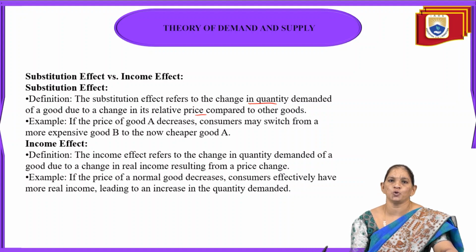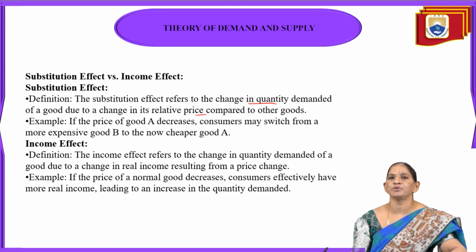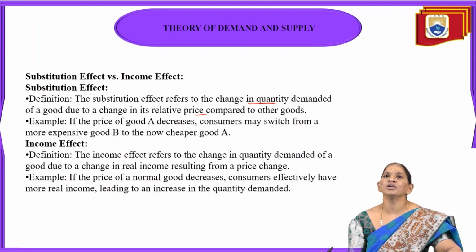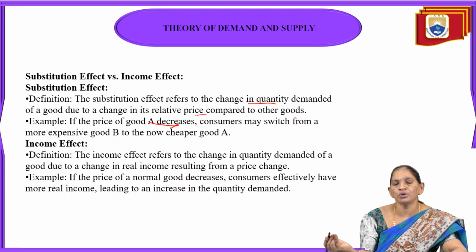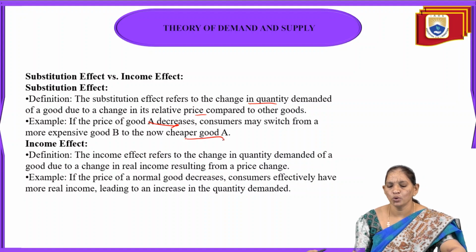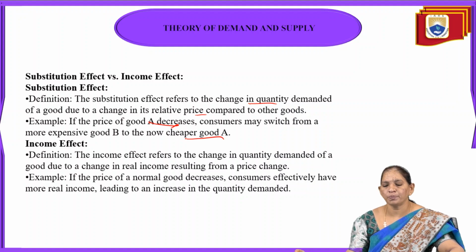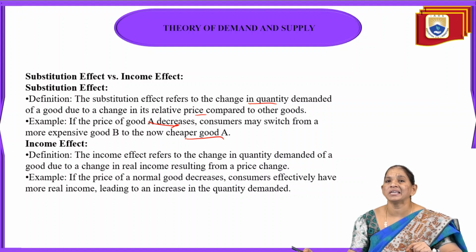It's called substitution. So an example of the substitution effect is, if one good's price decreases, then the consumer wants to switch to it rather than the more expensive good. Means here the good's price has decreased, so the consumer switches to that decreased-price product rather than the expensive one.